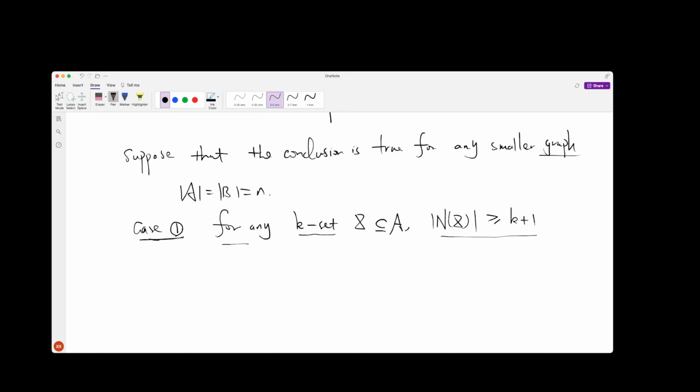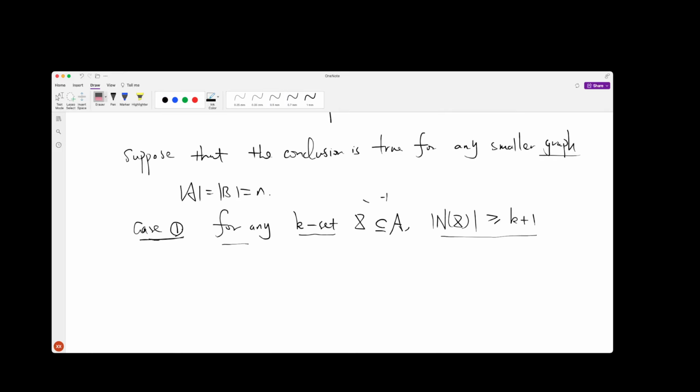So suppose for any k set, k smaller or equal than n minus 1, at least one less than n.